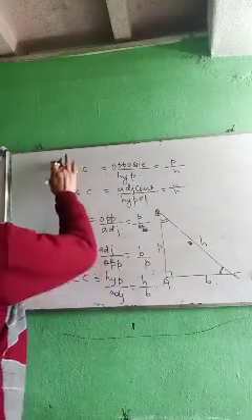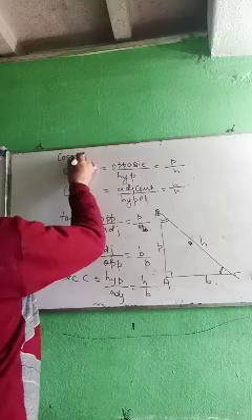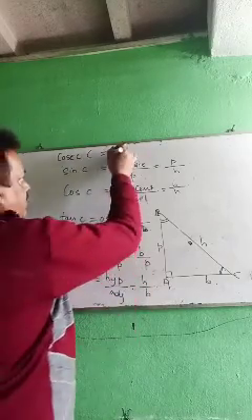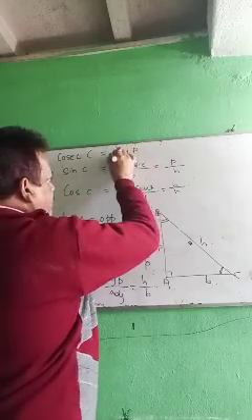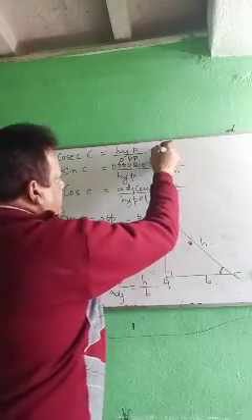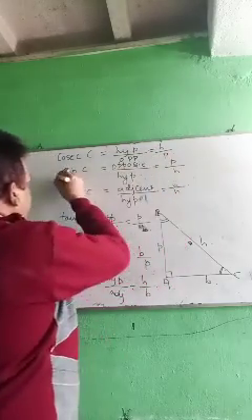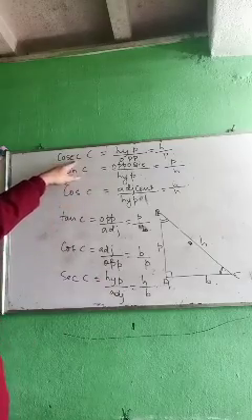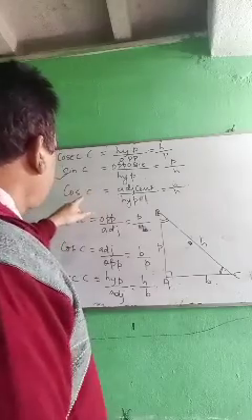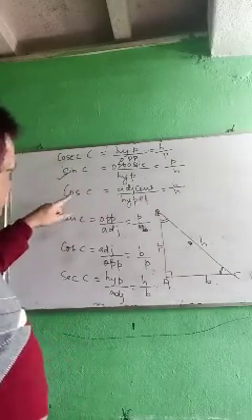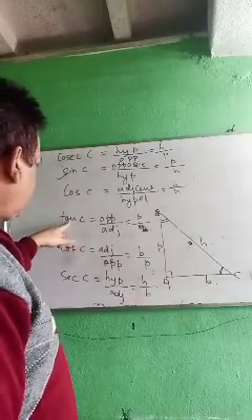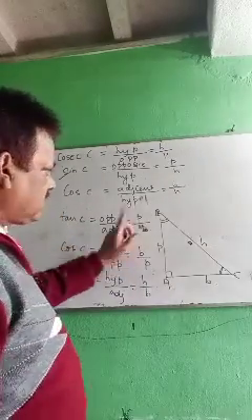Cosec C. Cosec C is sin का opposite, hypotenuse by opposite. That means H by P. So if you remember sin, cosec you can find out reciprocal. If you remember cos, if you remember sec you can find out reciprocal. If you remember tan, cot you can find out reciprocal.